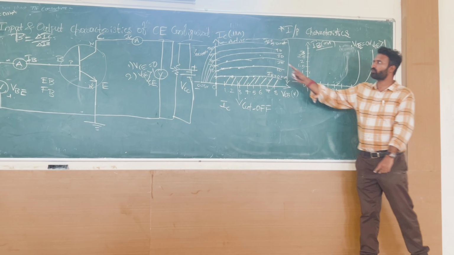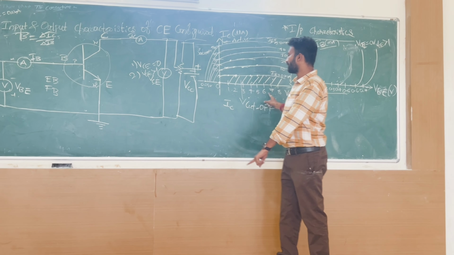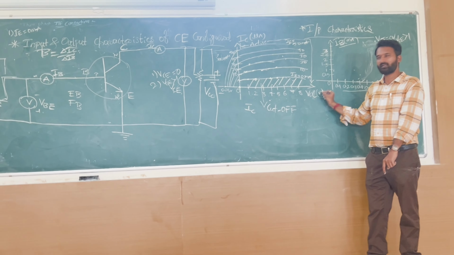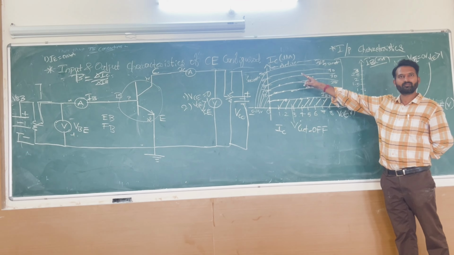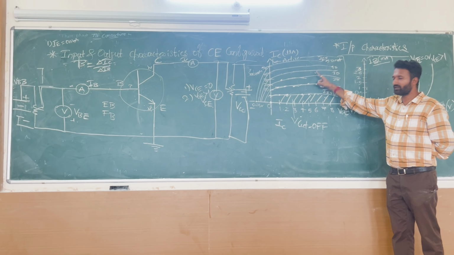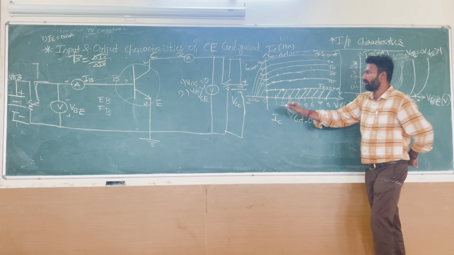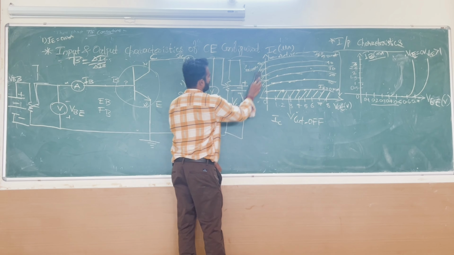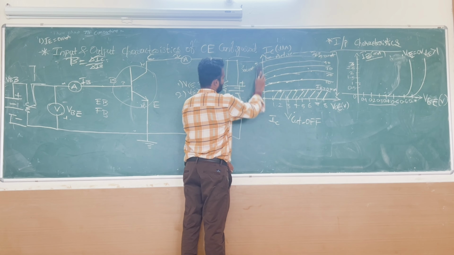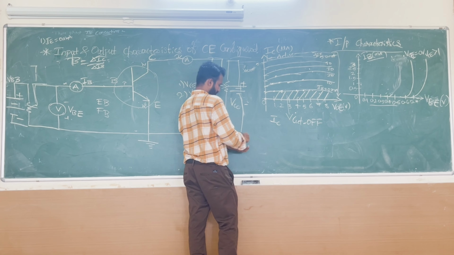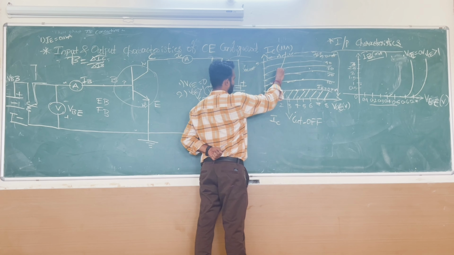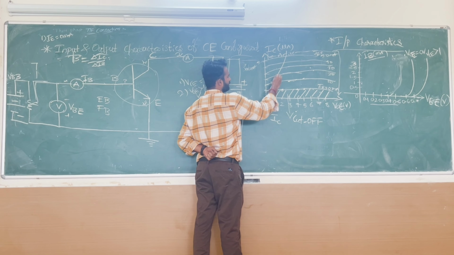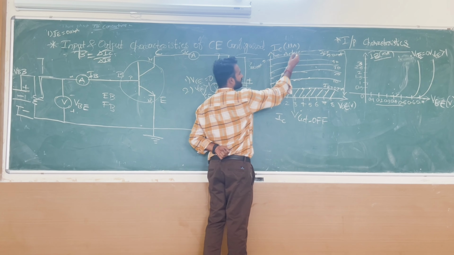Understandable? Now what will be your output characteristics? What is your x-axis? VCE. What is your y-axis? IC. Same thing, you will get this kind of waveform, but there is a small change. Focus here, don't discuss.